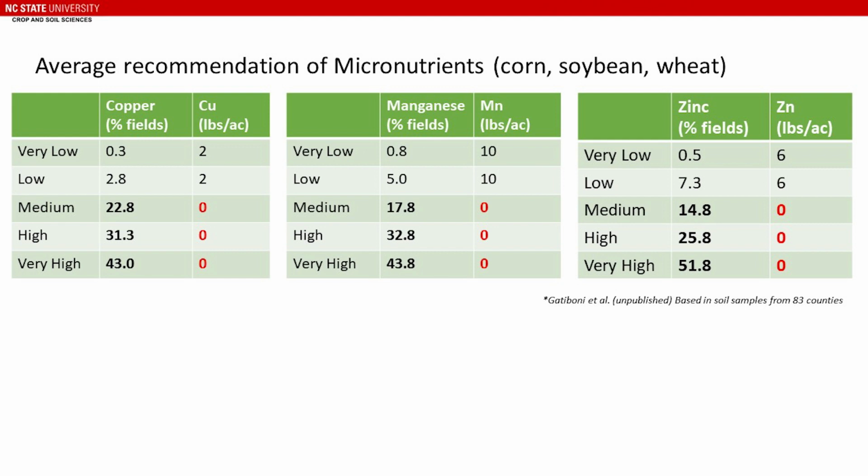We have specific situations, and here in the Blacklands we know about the importance of copper, for example. But in general, for the state, we have very few fields that would require the application of those micros.